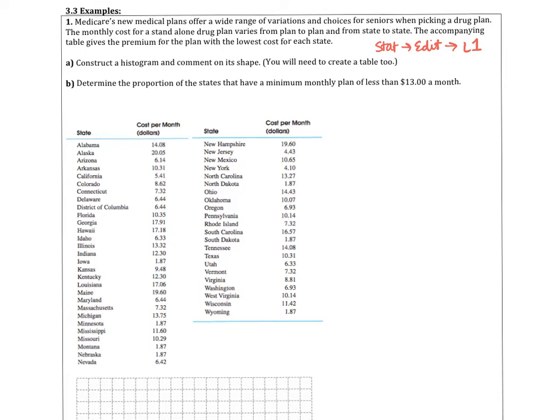When you've done that, exit out, hit stat again, and then that function sort A for list 1, and it will sort all your values in ascending order. This is so helpful because it helps you see the minimum, it helps you see the maximum really quick, and it also helps you put the numbers into a frequency table very quickly. Okay, so that's what I did.